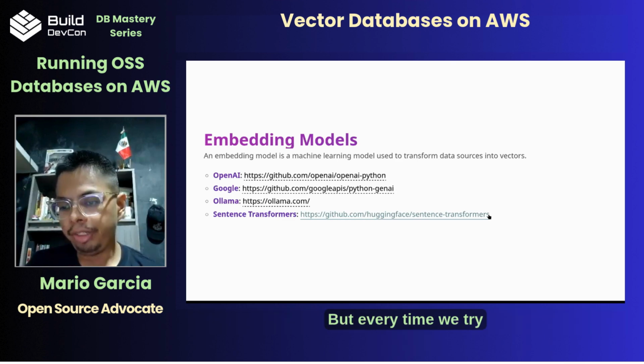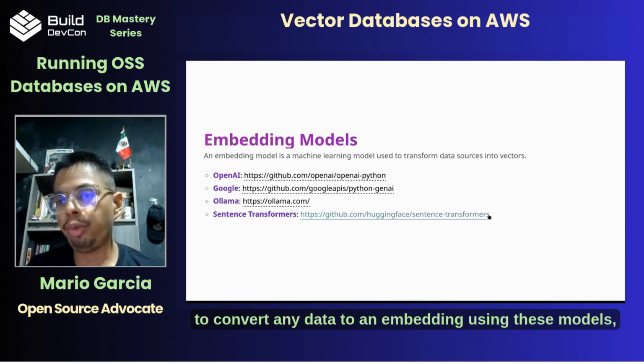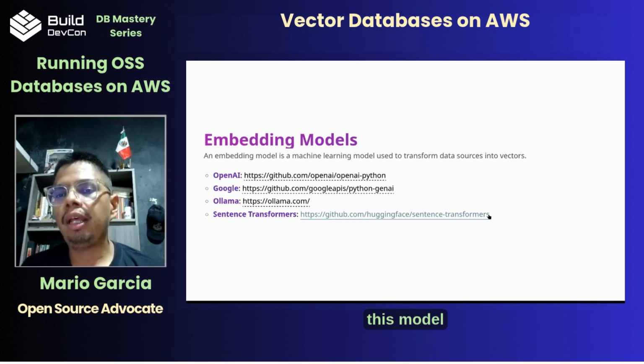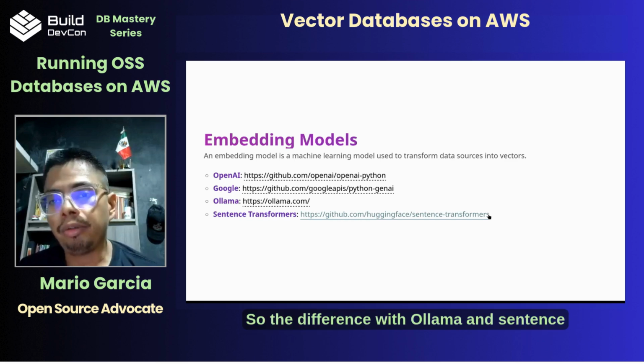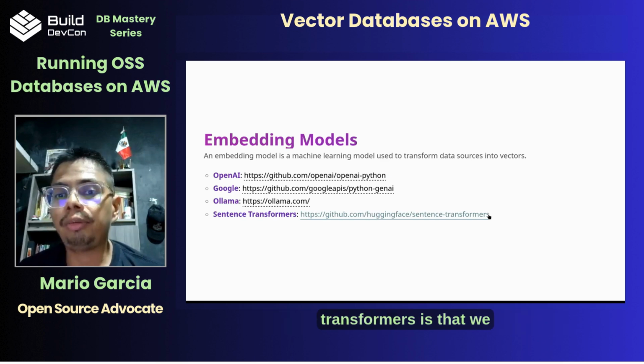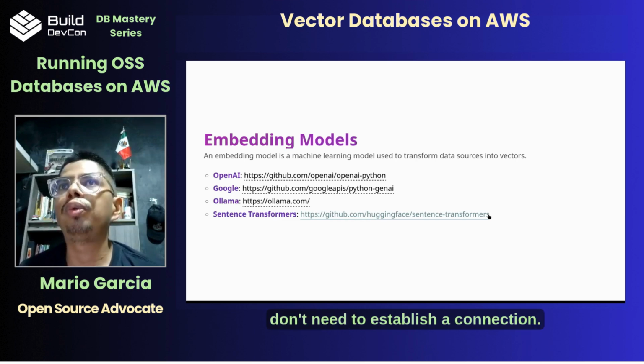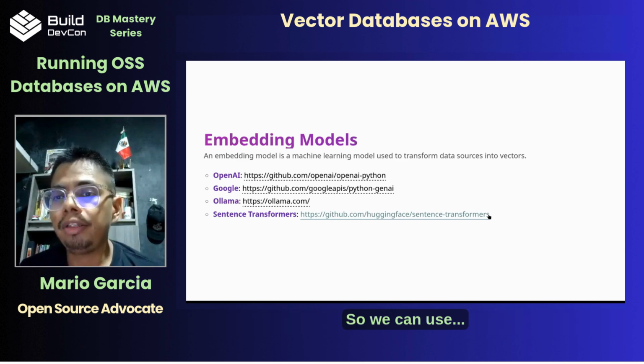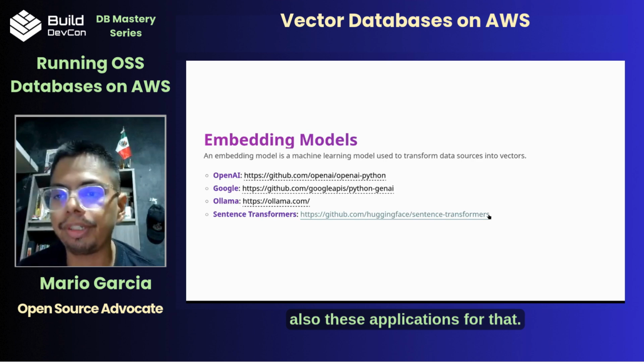Every time we try to convert any data to an embedding using these models, we need to connect to the model using the API key. The difference with Ollama and sentence transformers is that we don't need to establish a connection. We can download the models and have them locally. So we can also use these applications for that.